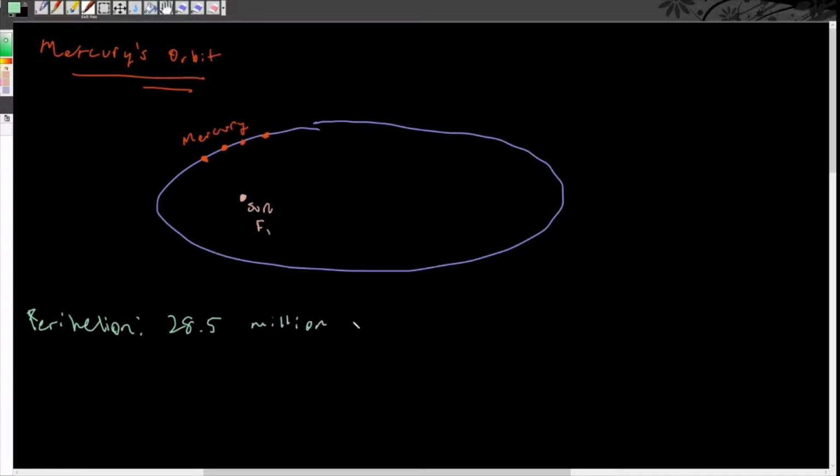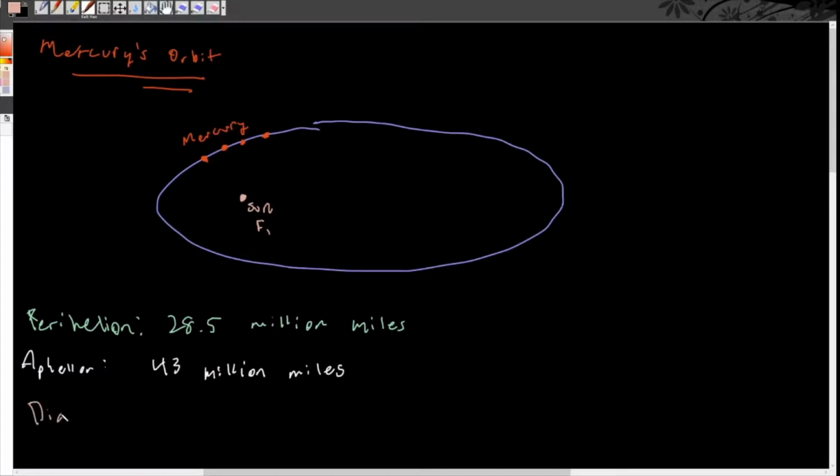We're going to keep the units in millions of miles just so we don't have to deal with scientific notation or a bunch of zeros. And the aphelion is 43 million miles. In fact, Mercury is so close to the Sun that we also need to consider the diameter of the Sun.